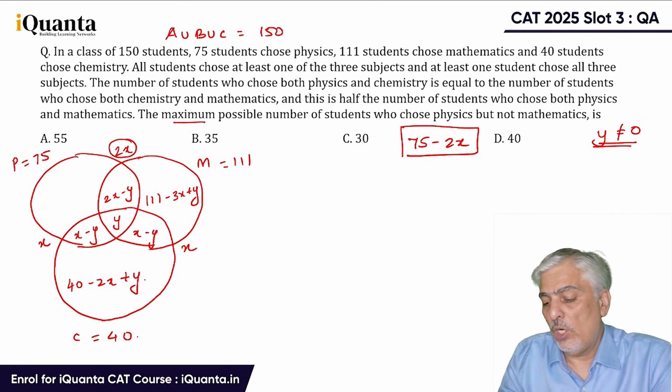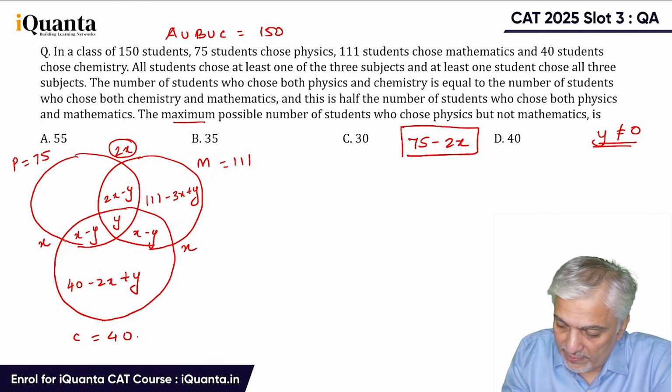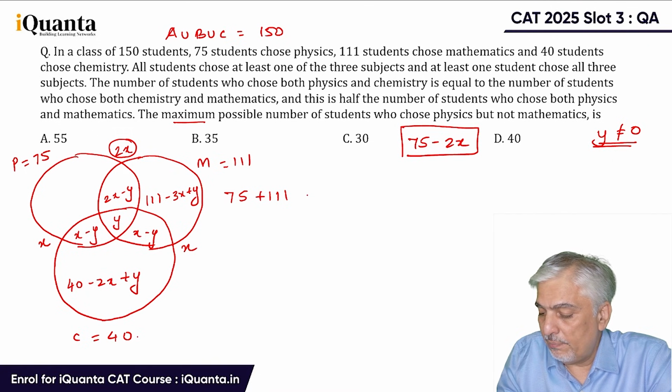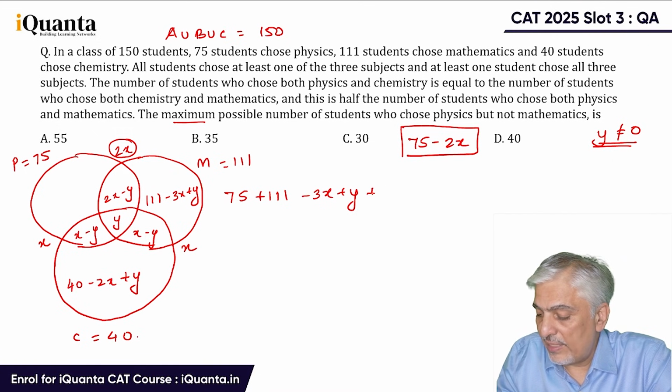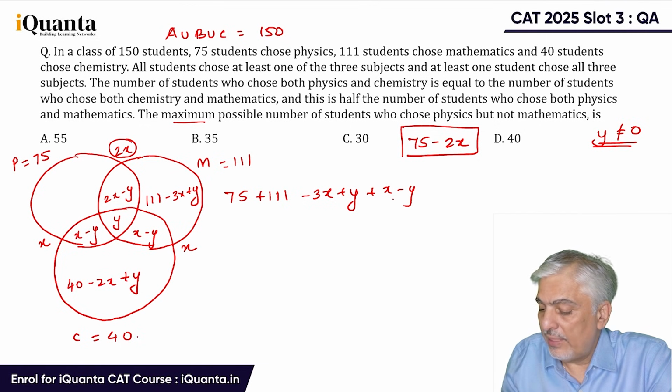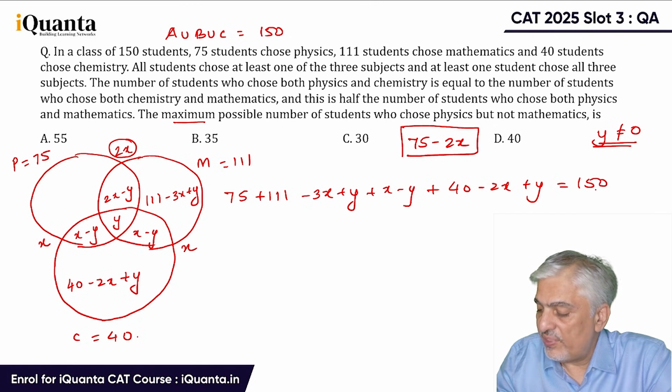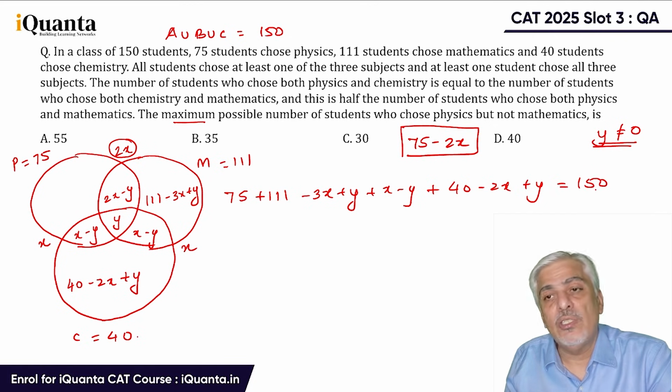I will not do that for physics because I will add the full 75, this one circle. 75 plus 111 minus 3x plus y plus this part x minus y plus 40 minus 2x plus y is equal to 150. Bring all numbers on one side carefully.